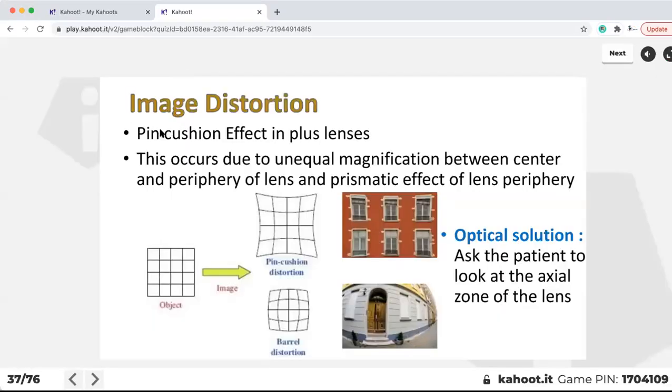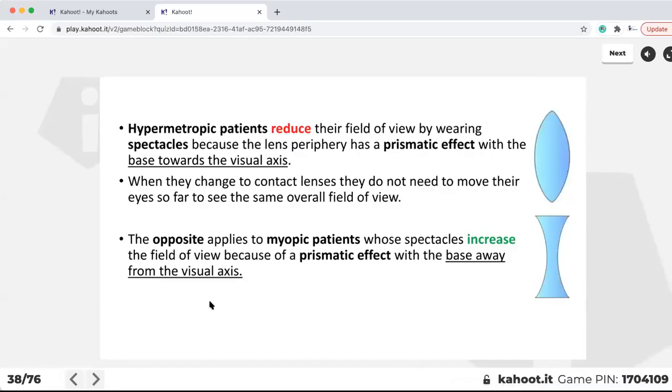So we said before that the image distortion occurs at the periphery of the high powered lens. One of them is the pincushion effect caused by the high plus lens, while the barrel distortion is caused by the high minus lens. And this will result in a change in the visual field, meaning that the pincushion effect will cause reduction of the visual field, as the prismatic effect will cause shifting of the image toward the visual axis.